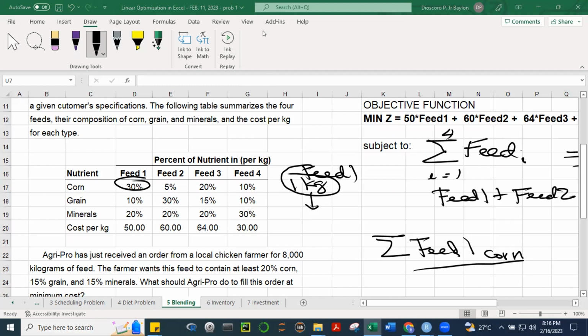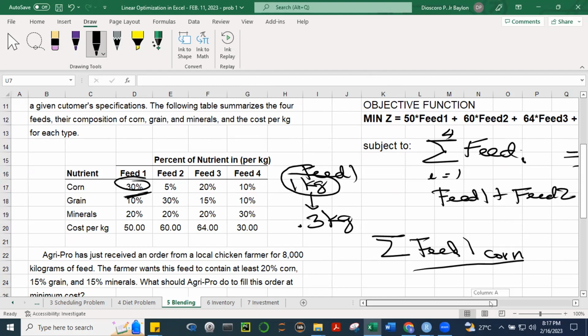Okay, yes, Earl, thank you. That's 300 grams or 0.3 kilograms, right? For every 1 kilogram of feed 1, you'd be getting 0.3 kilograms of corn. Why? Because it's 30%. Okay, 30% component.